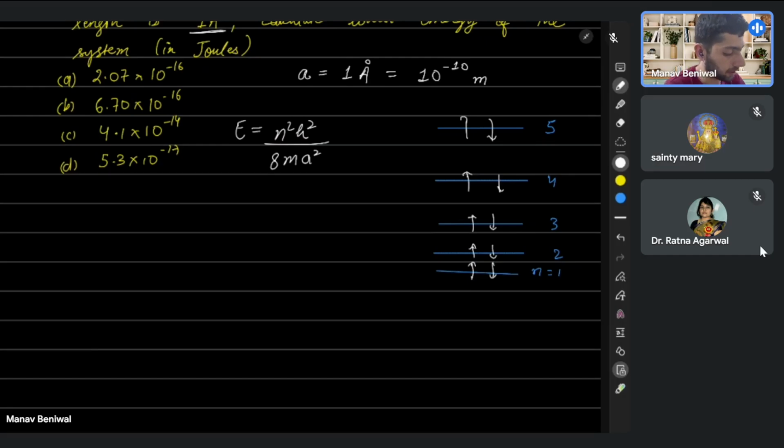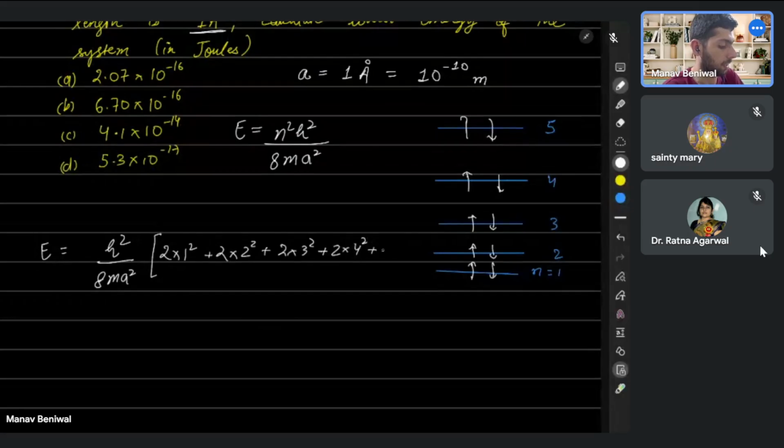So the total energy will be, let's take this thing common, and then we'll have 2 electrons in the first level, 2 electrons in the second level, 2 in the third, 2 in the fourth level, and 2 in the fifth level. So we can write it like this.